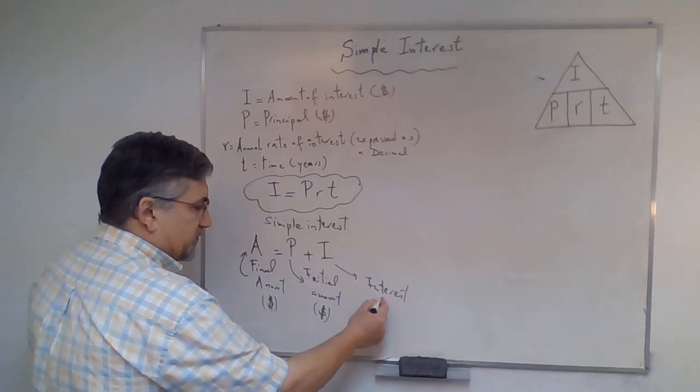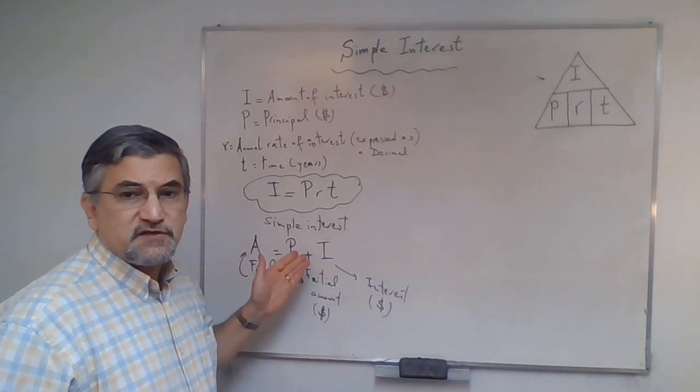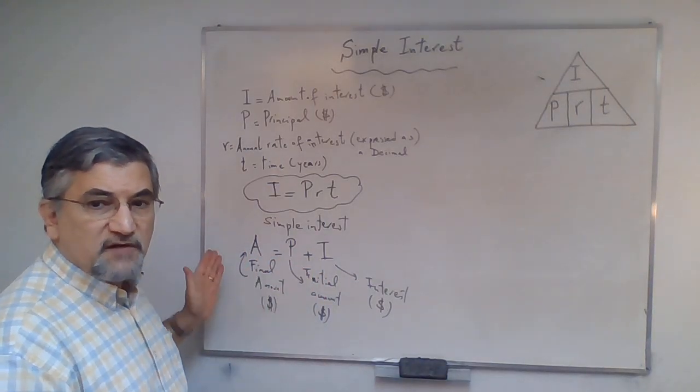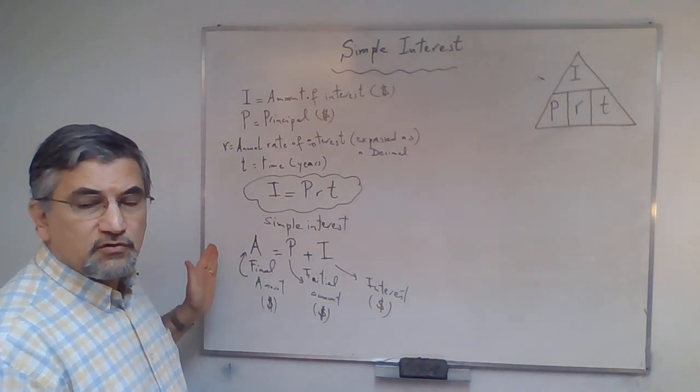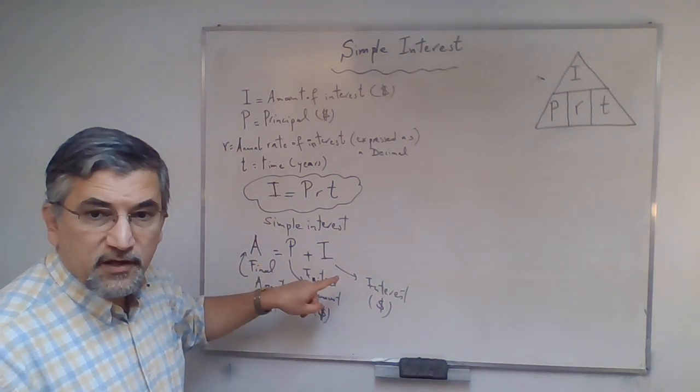If you have $500 and you receive $60 in interest, 500 plus 60 equals $560 final amount in your bank account. It makes sense. So A equals P plus I, okay?